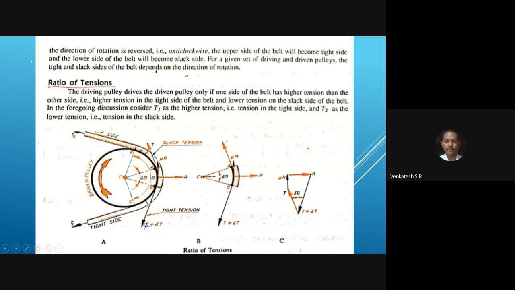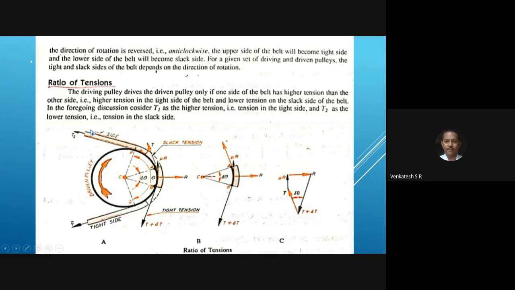Show the arrow mark tangent to the circle, upward direction. This is T. And show the tangent like this, mention mu R, the coefficient of friction multiplied by the resultant force. Show the arrow mark in the downward direction, mention T plus delta T.